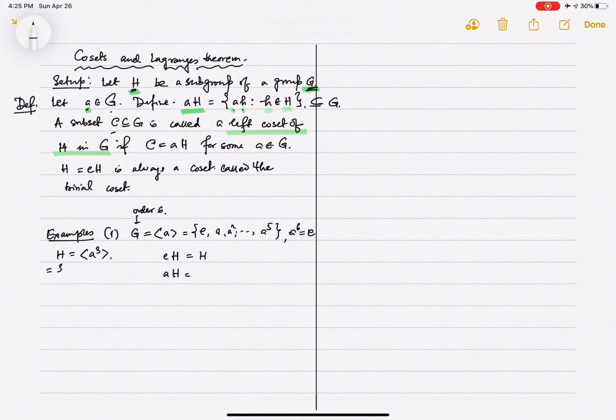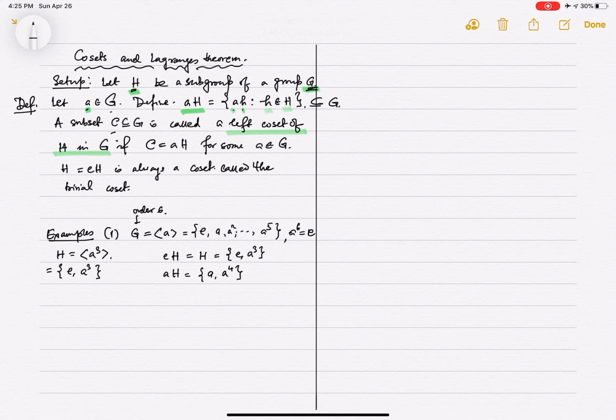H has a cubed, and then a cubed times a cubed, which is a to the 6, which is identity, which means that the inverse of a cubed is a cubed. So this is all that H is. It's a two-element subset. So what is aH? H is {e, a cubed}, so aH is a times e, which is a, and then a times a cubed, which is a to the 4th.